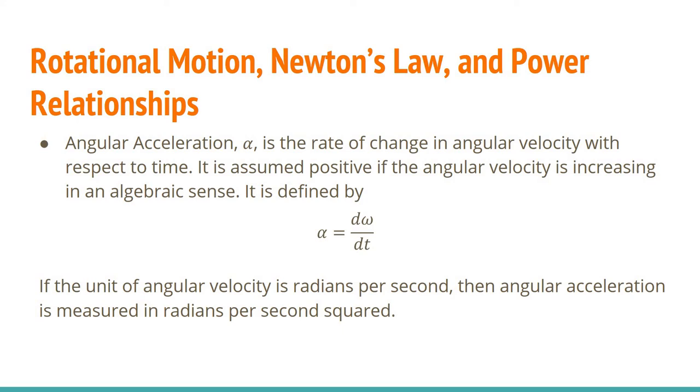Same as in physics. Position in physics is in meters or kilometers. Velocity is in meters per second or kilometers per second, or kilometers per hour.